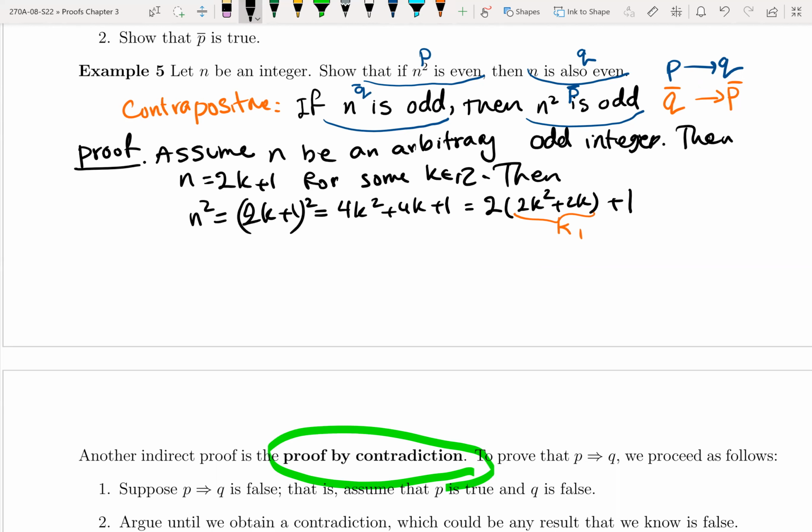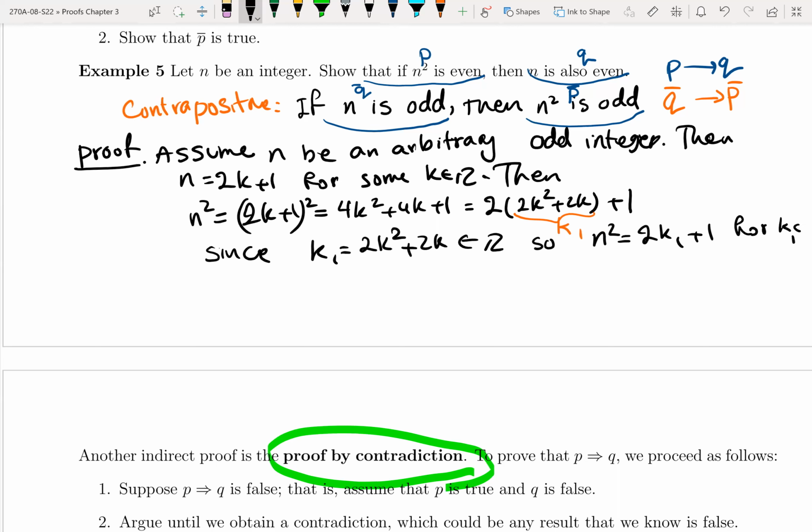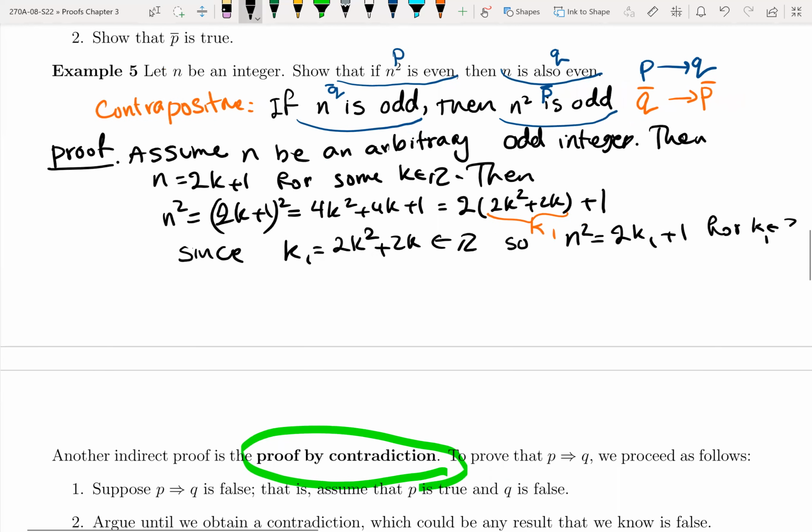Since k sub 1 is 2k squared plus 2k, an integer, n squared is 2 k sub 1 plus 1 for some k1. So n squared is odd, and that's it, you stop.